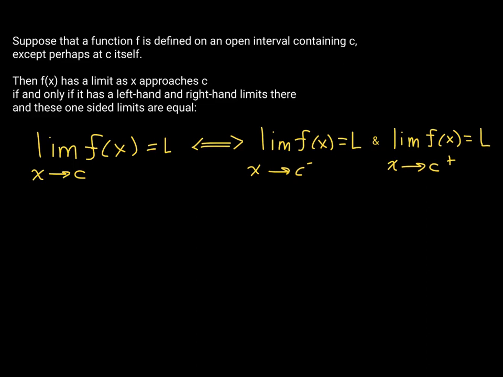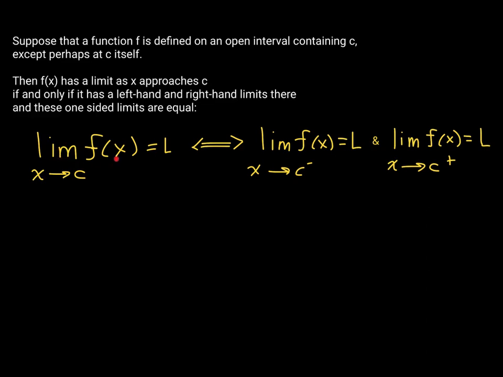Suppose that a function f is defined on an open interval containing c, except perhaps at c itself. Remember, in order for the limit to exist, we do not need the function to be defined at c. Then f(x) has a limit as x approaches c if and only if it has left-hand and right-hand limits there at c, and these one-sided limits are equal.